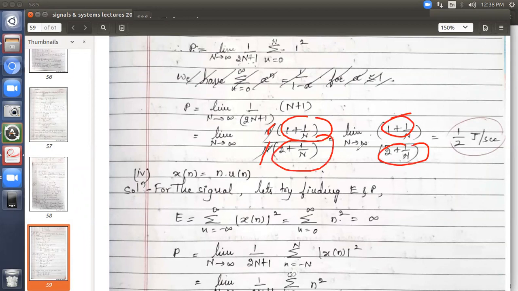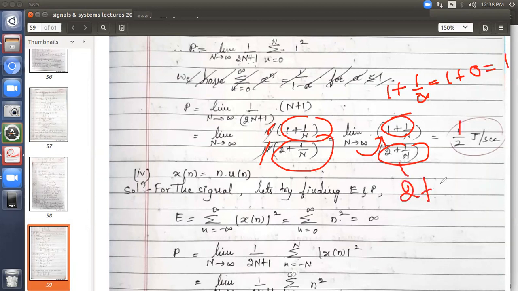Now check the application of the limit. Apply the limit. 1 plus, in the numerator it is 1 by infinity, which is 0, so it is equal to 1. Numerator, you will get 1. Check the denominator.